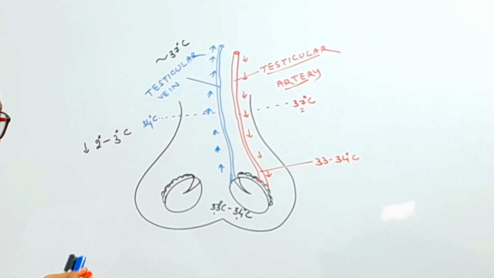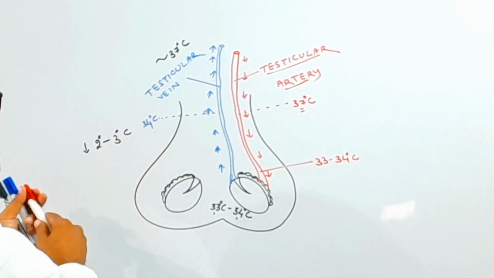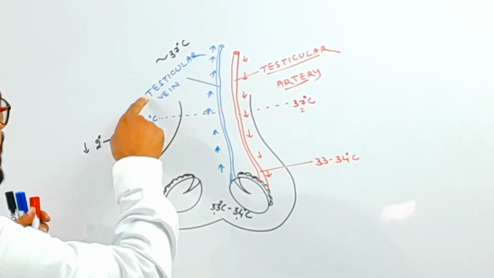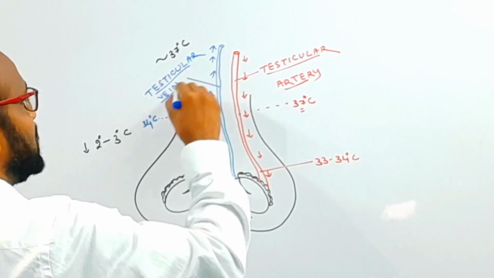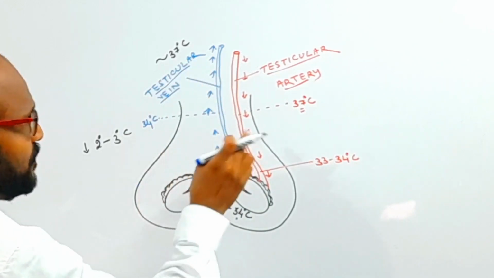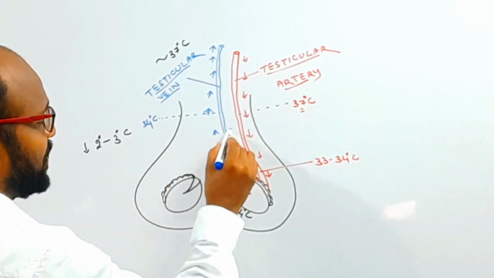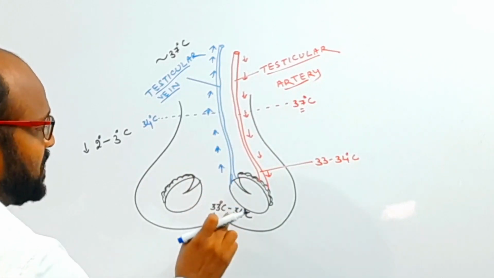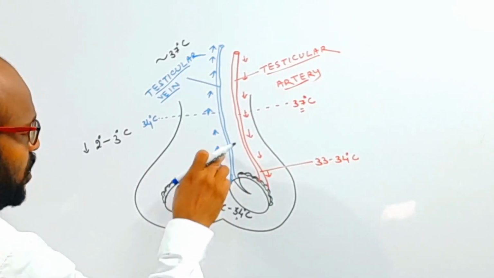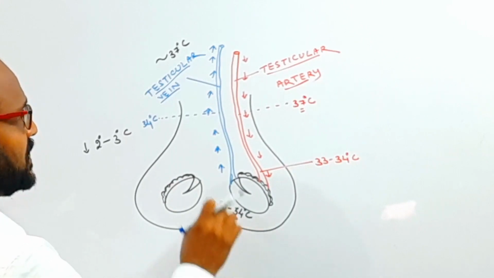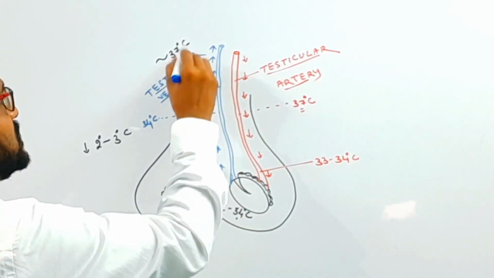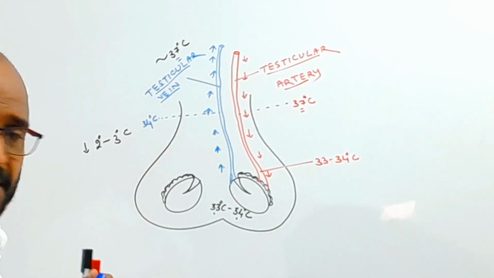And by that mechanism, the blood flowing inside the testicular vein absorbs the temperature from the testicular artery, and the temperature of the blood increases from 34 degrees centigrade to 37 degrees centigrade.